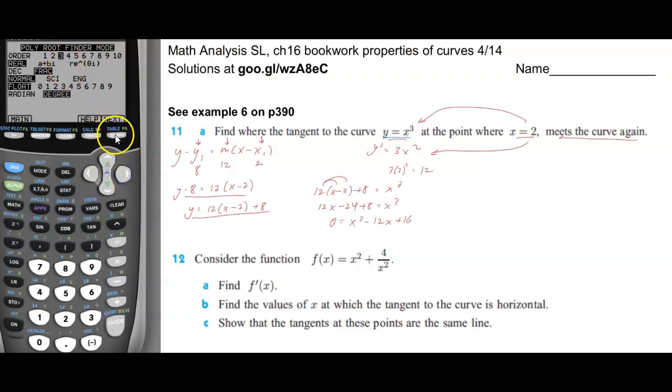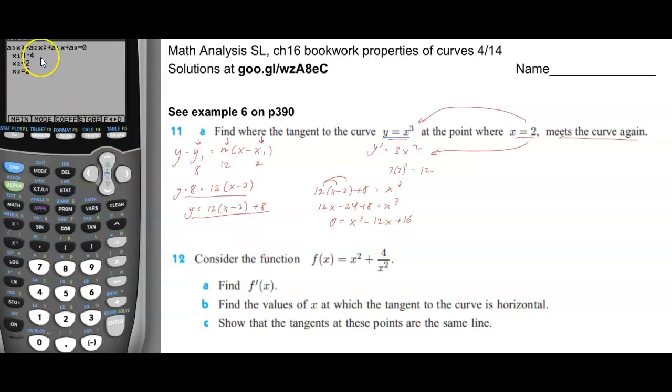We hit enter on 3, press next, and then it asks us for the 4 coefficients. So the coefficients are going to be 1, 0, negative 12, 16. Make sure you use this little negative sign for the negative 12, and the last one should be 16. Notice that there's no x squared term, and that's why I put a 0 there.